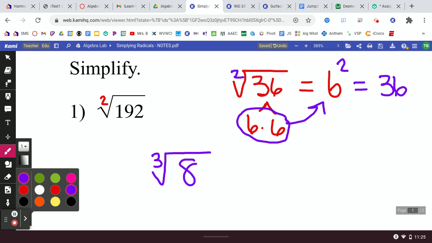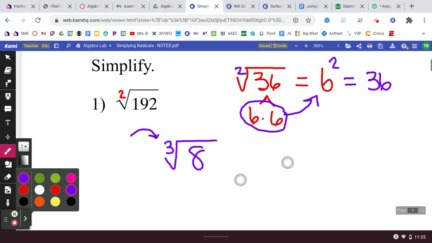So if there's nothing written, you just know that it's a 2. If it's something other than a 2, it will have to be written there to tell you what it is. And all that means is that in order for a number to be freed from under the radical, think of the radical as a jail. The only way for a number to be freed from this jail is if there's 3 of a kind.